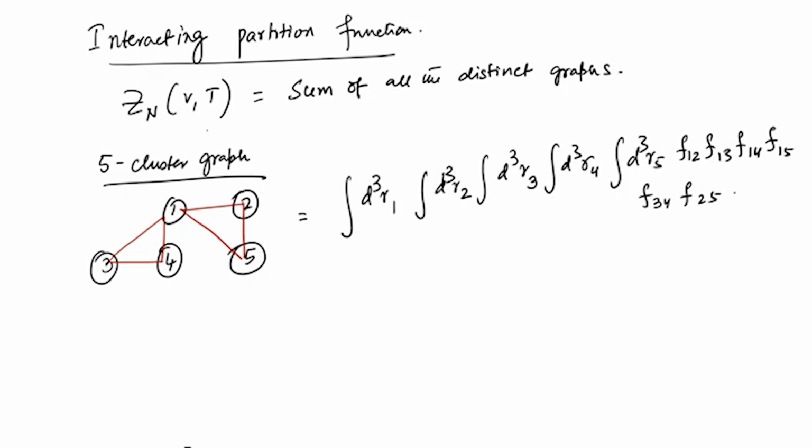So, that is a 5 cluster graph, and we have to sum over all these distinct graphs, and in order to show what is distinct, we have shown this as an example, which are identical and non-identical clusters.